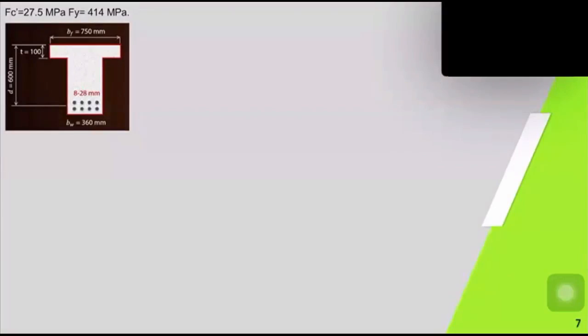We have fc prime 27.5 MPa and fy is 414 MPa.